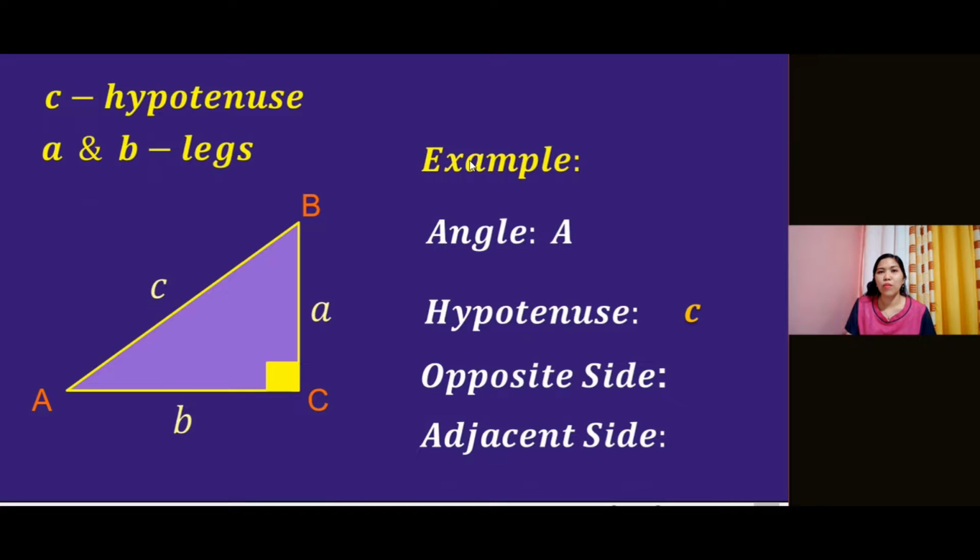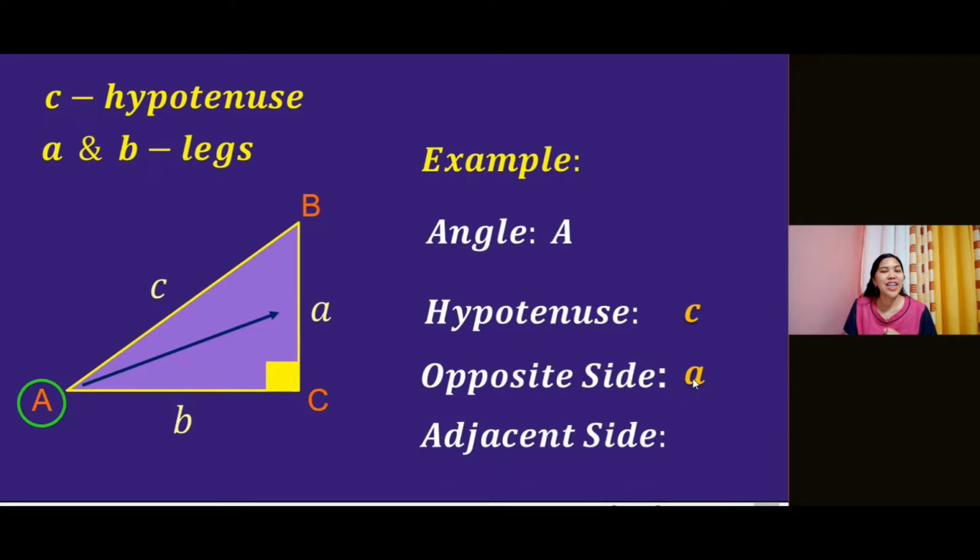What is your opposite side and what is your adjacent side? Try to consider angle A. Now when we say opposite side, that is the side that comes across the angle of reference. So in this case, that is your opposite side. Okay? Atbang in short. So that is your side A.